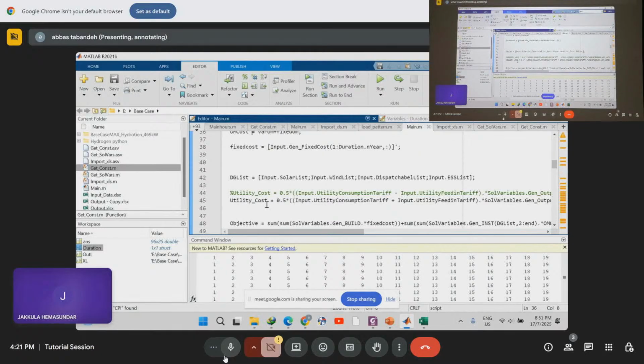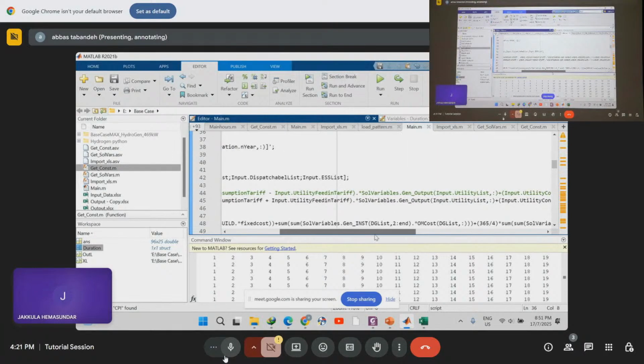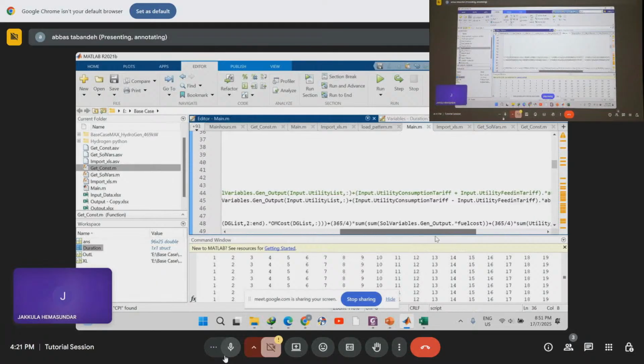Here, in order to linearize our problem, we multiply them by 0.5. This is an approach to linearize the problem. And we have calculated the feed-in tariff.